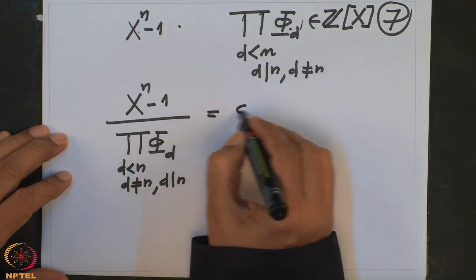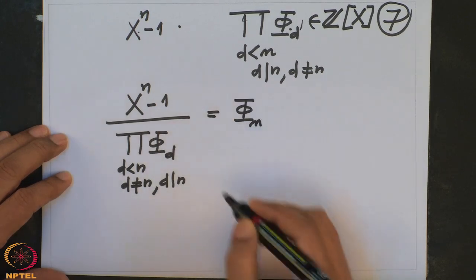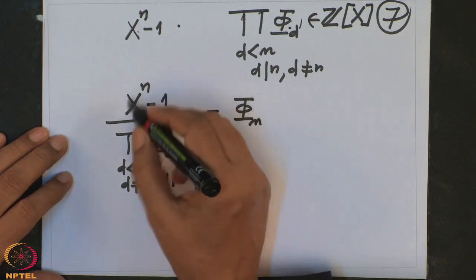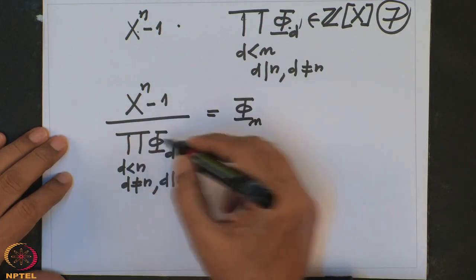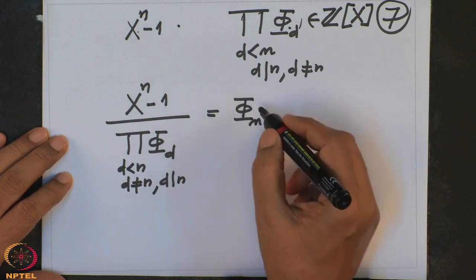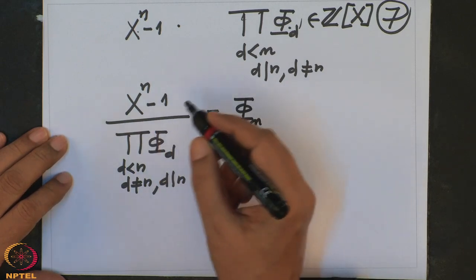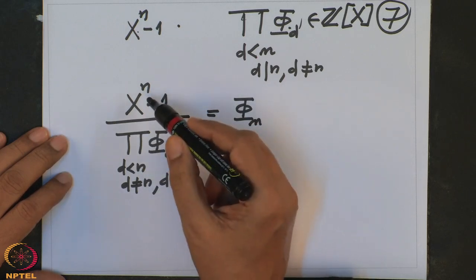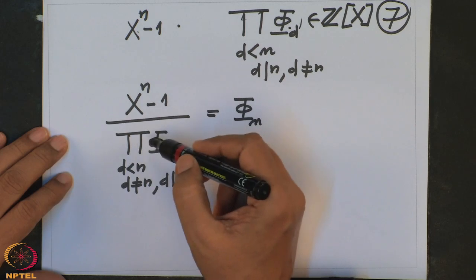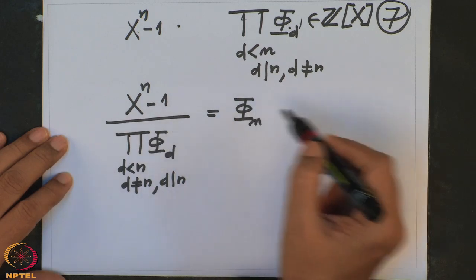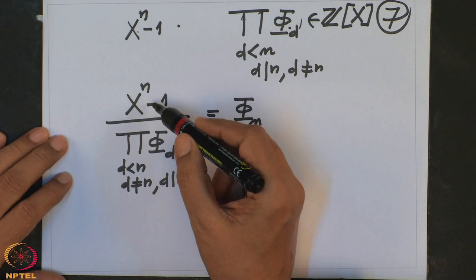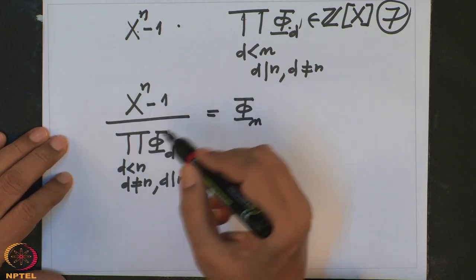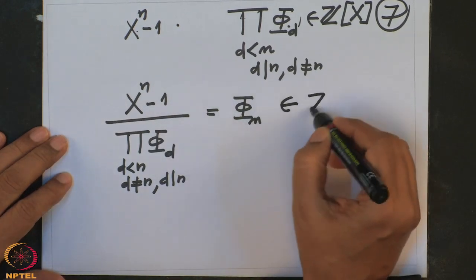This is nothing but phi n, because we know x to the n minus 1 is a product of all the phi d's and only one is left. When I perform the division algorithm, I get a quotient and a remainder. There is no remainder, because this divides this, and the quotient is precisely phi n. This is unique and this happens in Z, so we have no choice: this has to be in Z[x].